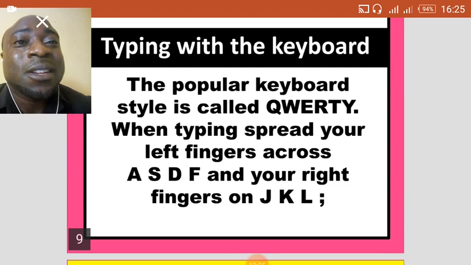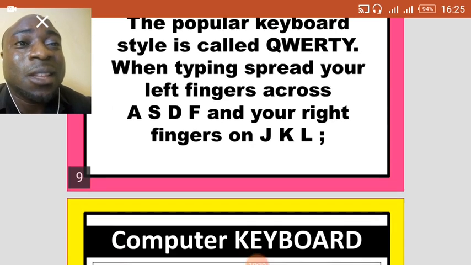The left fingers, you place on ASDF, while your right fingers, you place on JKL and semicolon. If you have a computer keyboard at home, place your fingers on it, and I will show you a picture that shows how to position our fingers on the computer keyboard.